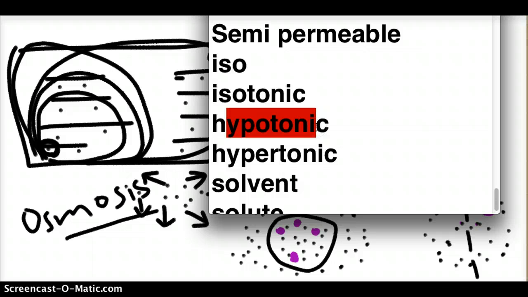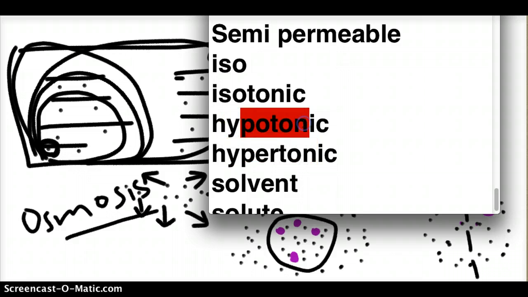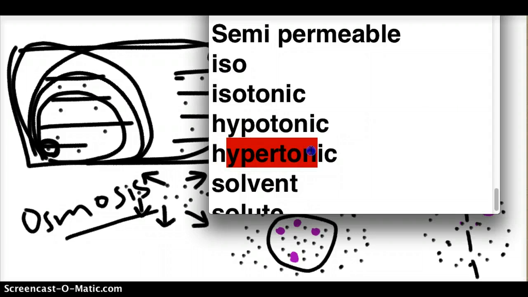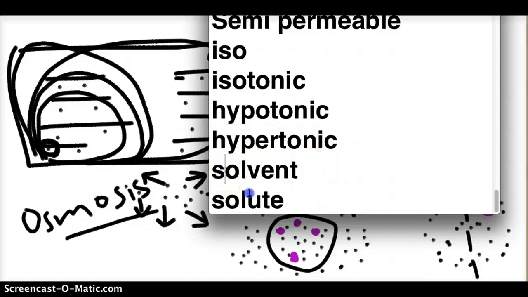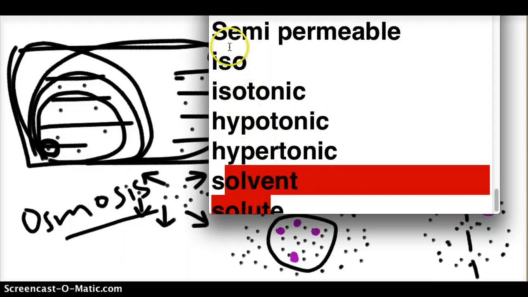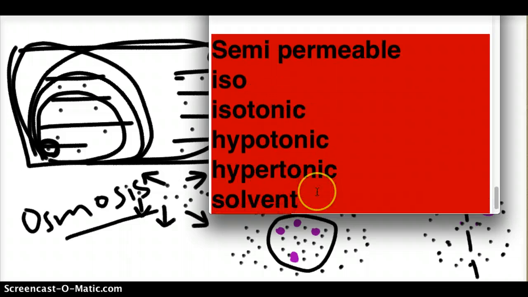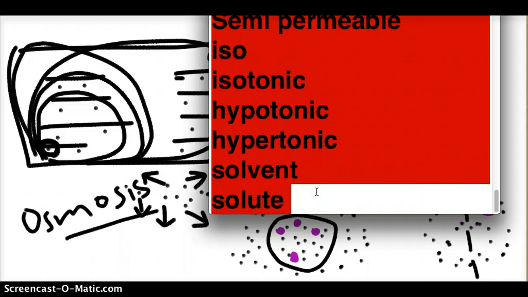Hypotonic, as I explained earlier, means lower concentration, and hypertonic is, but you know what I mean. And the last two are solvent and solute. So basically, that is the vocabulary. It's not that long.